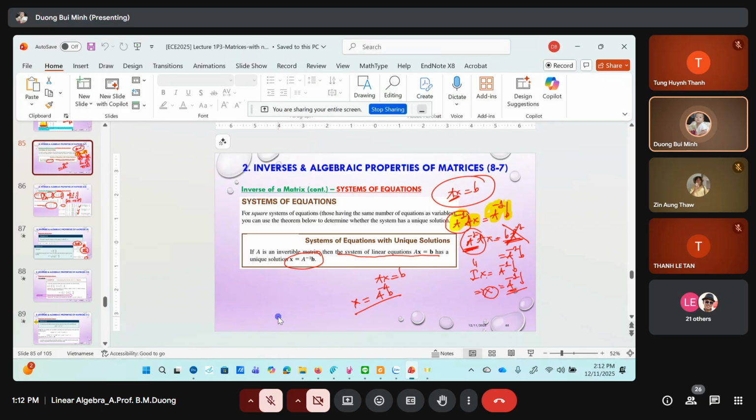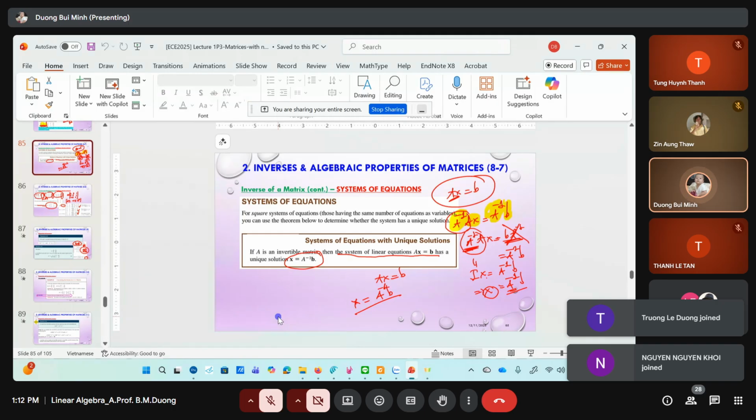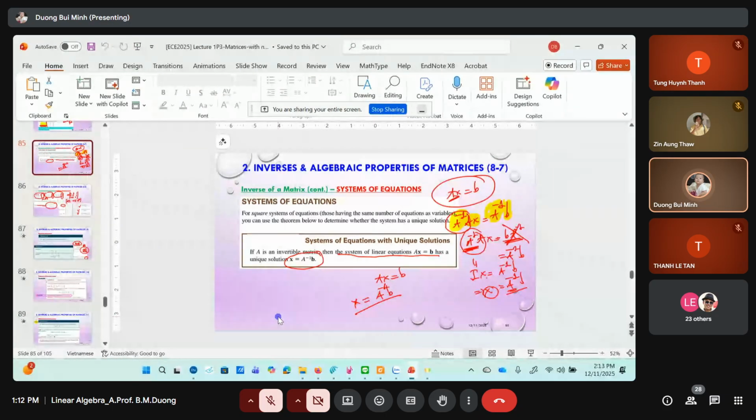When we finish this lecture, I will give you the homework of lecture 1 part 3, and then we continue to study lecture 1 part 4.